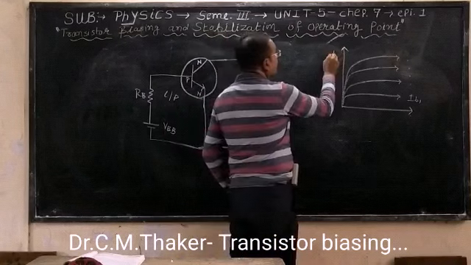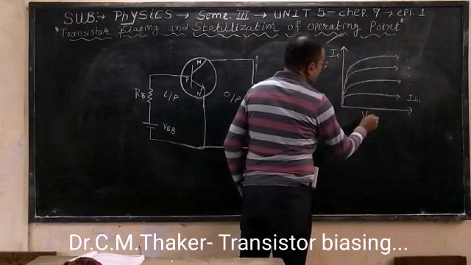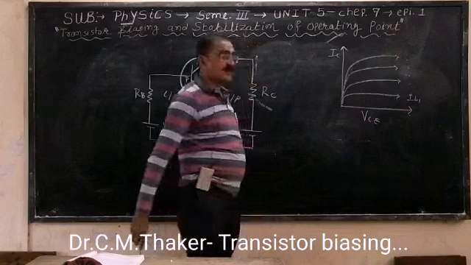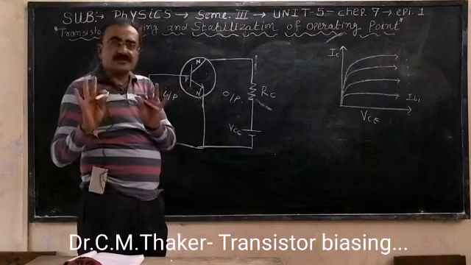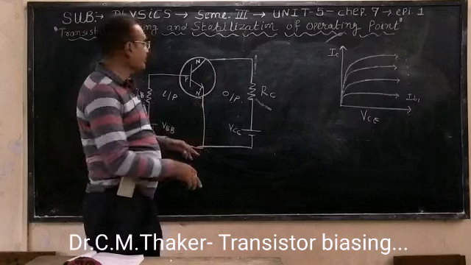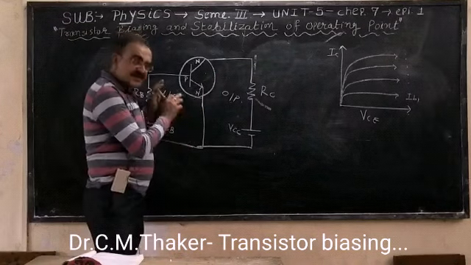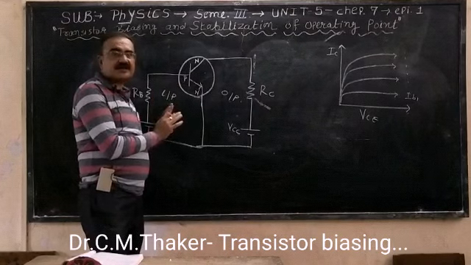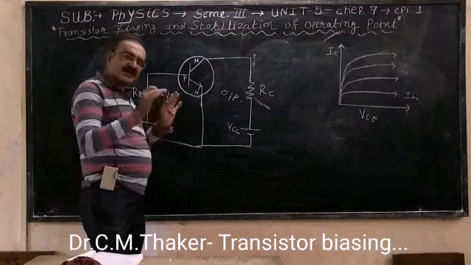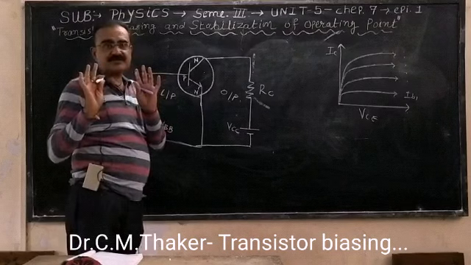This is IC. This is VCE. We draw this output characteristic through this connection. This is known as the common emitter transistor connection with the name of fixed bias.